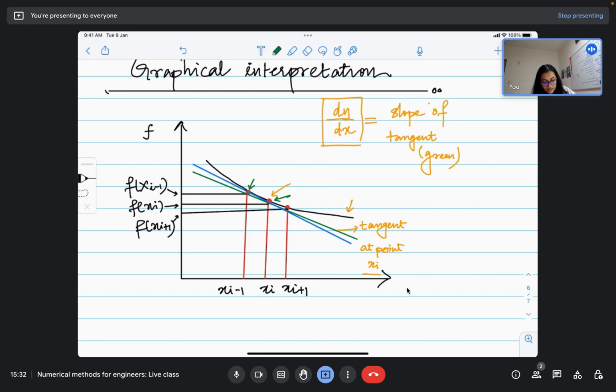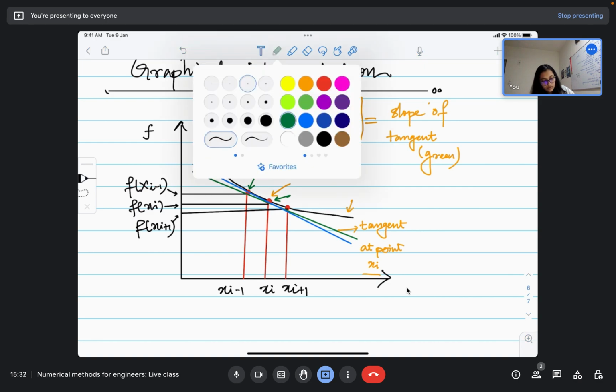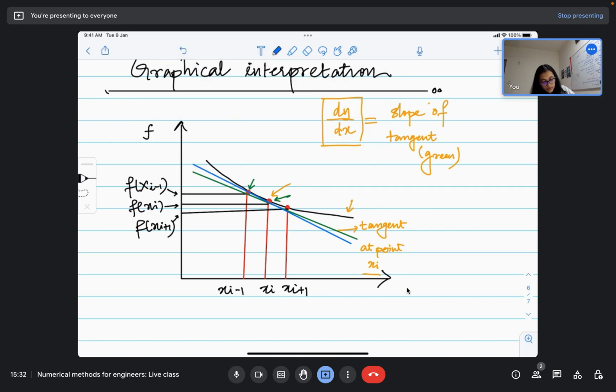So that is this blue line. Not a good color combination, okay. So we join them with a line and extend it, and we approximately try and find out the slope of this blue line, okay.